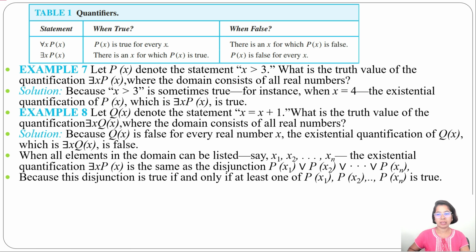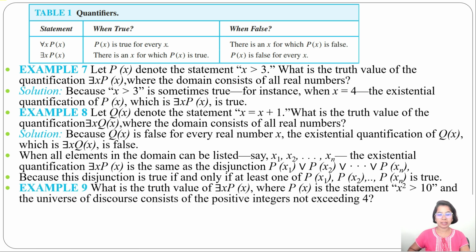Let's see one example, example 9. What is the truth value of there exists x Px, where Px is the statement x square greater than 10 and the domain consists of positive integers not exceeding 4? So it will be 1, 2, 3, 4. These are the domain values.